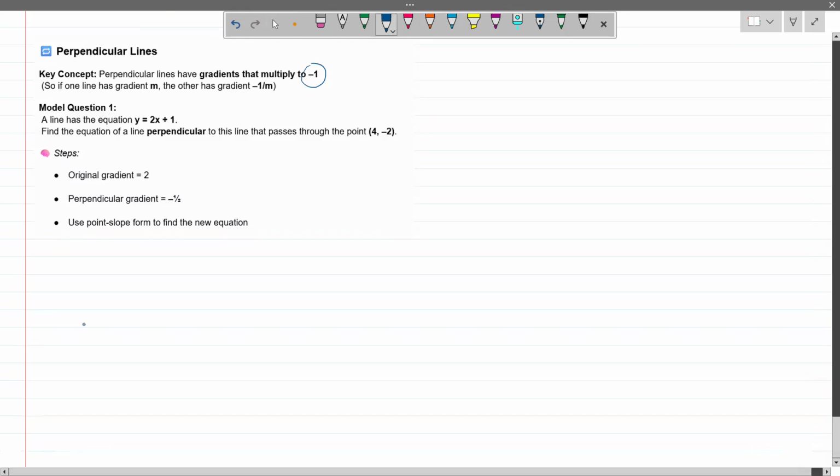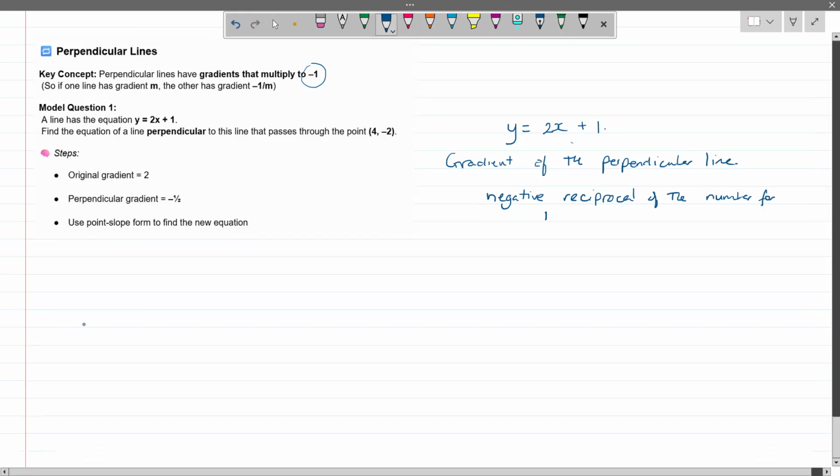So what I tell students is that if this is the line that you're given, again, it must be in the form y is equal to mx plus c, the gradient of the perpendicular line will be the negative reciprocal, in other words, the inverse of the number.